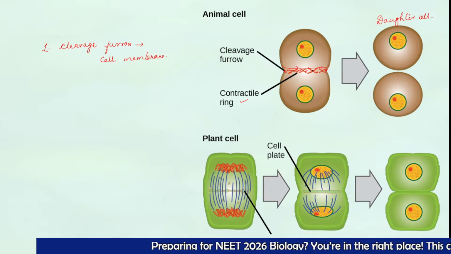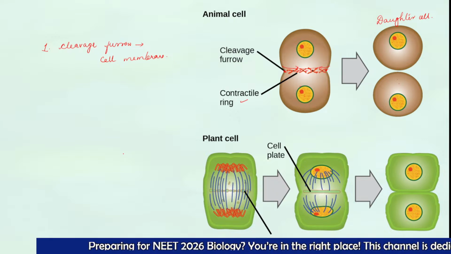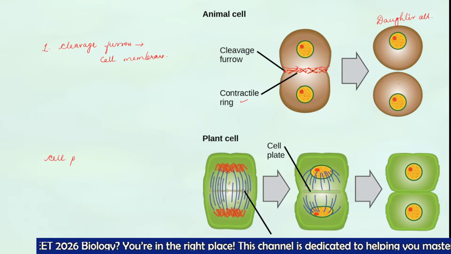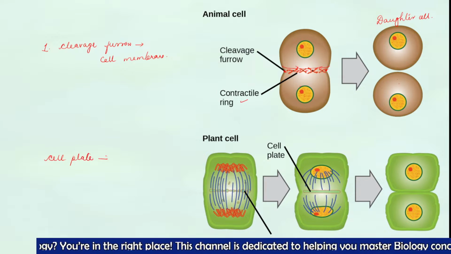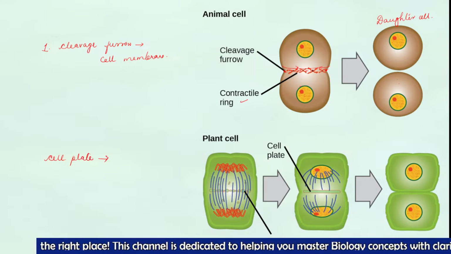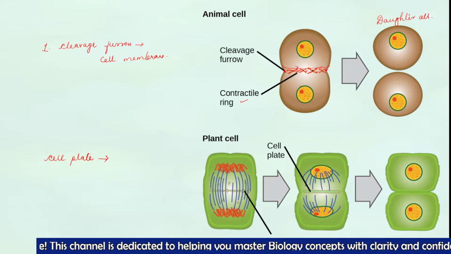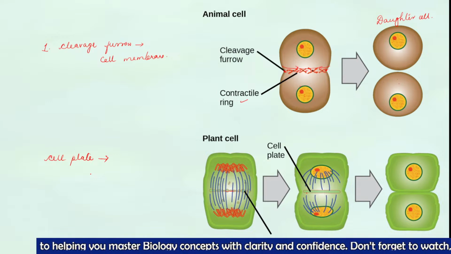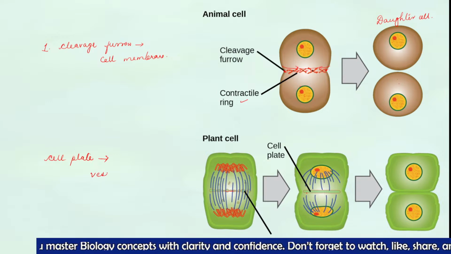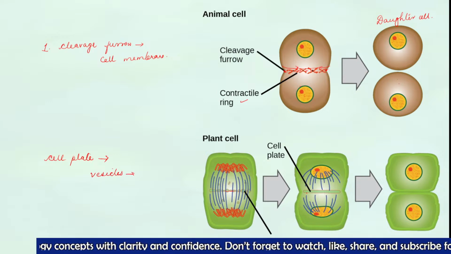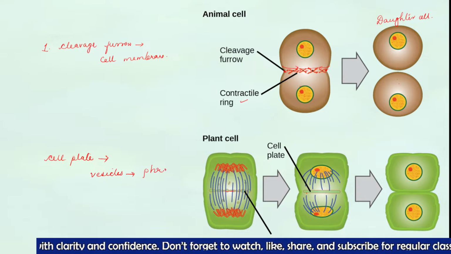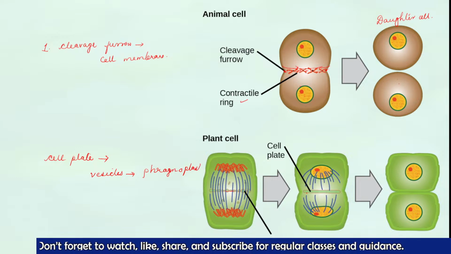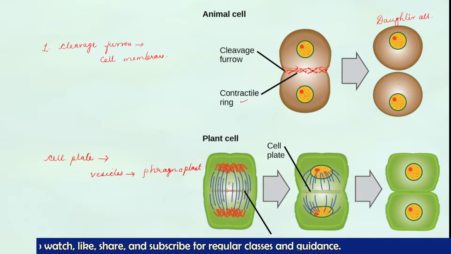Coming to the plant cell, instead of a cleavage furrow, there is cell plate formation. What is a cell plate? It is a structure formed at the equator, the center of the plant cell. It is formed from small vesicles called phragmoplast, and this phragmoplast is formed from the Golgi complex.